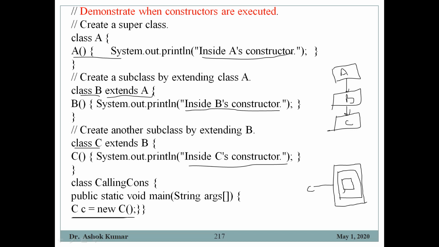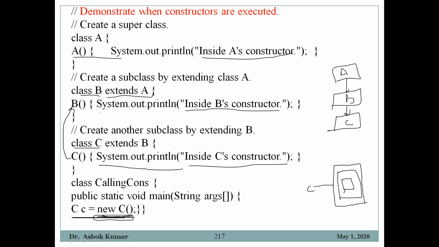So whenever you create the object of any subclass and there are only non-parameterized constructors, as in this case, then as we discussed in the previous examples, this will call the subclass constructor, right? But the subclass constructor, before executing its body, will implicitly call its base class constructor.